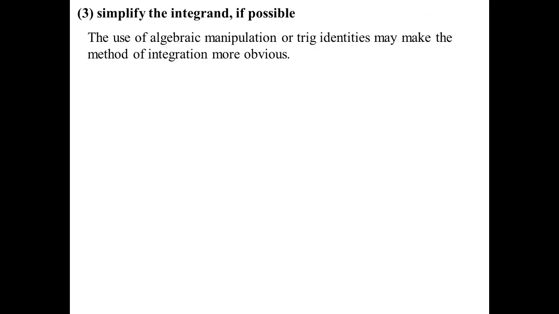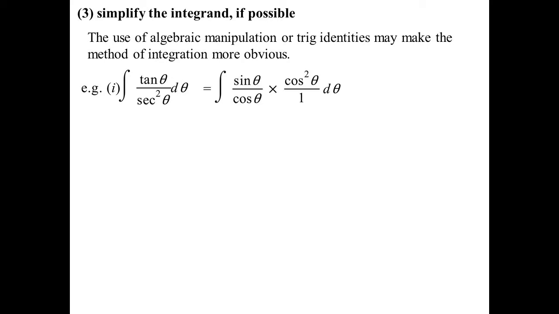Simplify the integrand if possible. Algebraic manipulation and trig identities, those sorts of things come in handy. So you see something like tan theta on sec squared. Shame it wasn't the other way around. If it was sec squared on tan, we'd be okay, because sec squared is the derivative of tan. But unfortunately, it's in the denominator. So we need to manipulate this. I'll turn everything into sine and cosine. If I'm unsure what to do, change everything into sine and cosine.